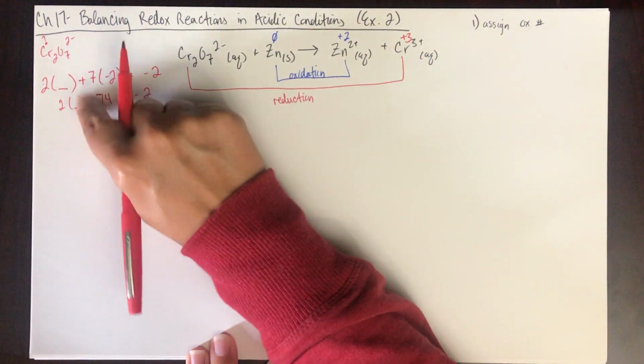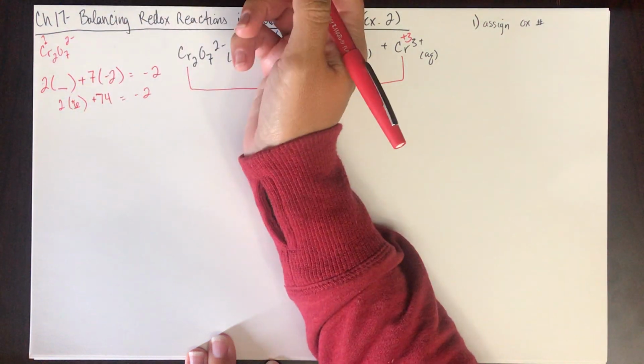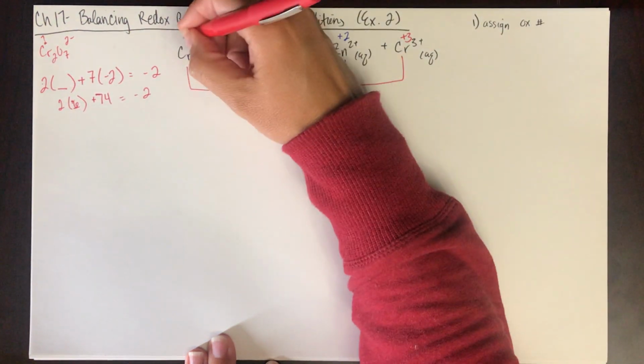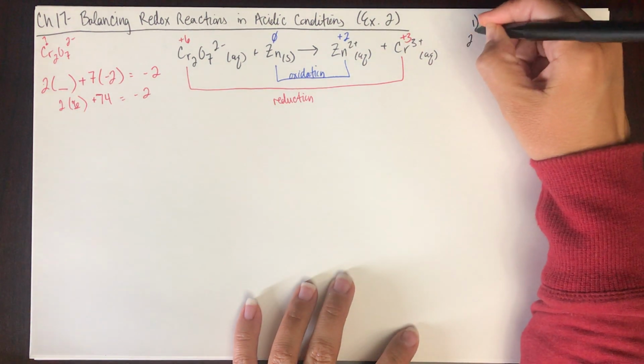So this term must be positive 12, which means this must be positive 6. Chromium must have an oxidation number of positive 6. So yes, it is reducing from positive 6 to positive 3. So we've assigned oxidation numbers.